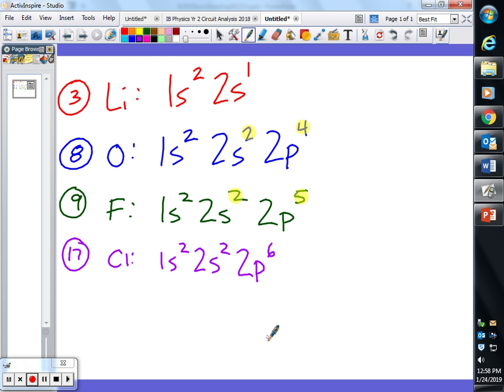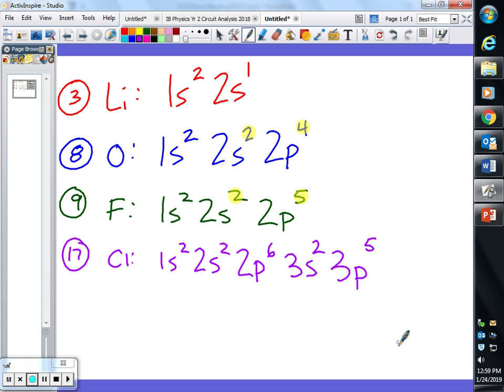Do we remember what's the next orbital filled after 2p? 3s. How many electrons go into 3s? 2. Do we remember what comes after 3s? 3p. Again, how many electrons could fit in the 3p orbitals? 6 could, but 2, 4, 10, 12, how many do we only have to put in there? 5. We only have to put 5.